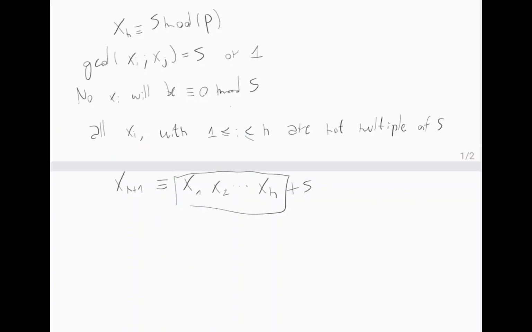The product is by definition not 0 mod 5, so xn will be congruent to this mod 5.